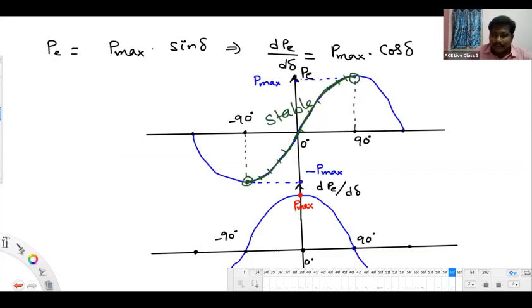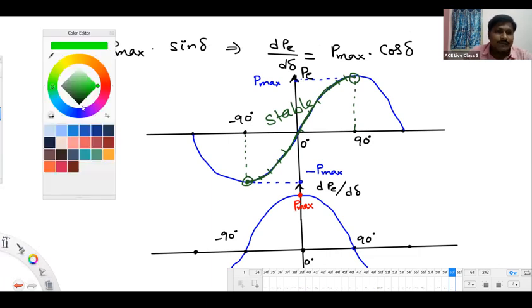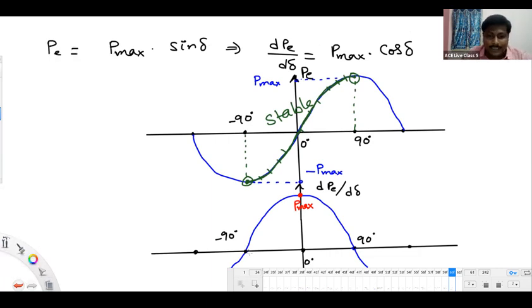Now, in case of the dP by d delta curve, the so-called synchronizing power coefficient curve, if you want to show that stable region, you should show it starting from minus 90 to plus 90 only. There is no change in that. And this value will be positive. That's what I'm saying.